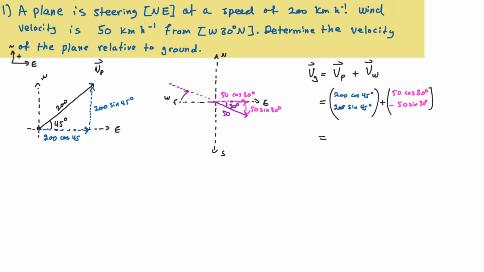When we add these, we have to add the x components together, so that's 200 cos 45 degrees plus 50 cosine 30 degrees, and the y components, that's 200 sine 45 minus 50 sine 30 degrees.